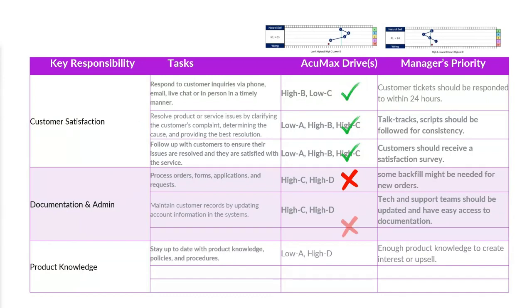Maintaining customer records, tech support. I'm often hearing from the support teams in regards to outdated documentation that hasn't been updated for particular clients, or usage data on the solutions that are being used. So that low D is showing up there as well. And then of course, sure, from a high B perspective, but there's a lot of missed opportunities because questions are being asked and this current CSR doesn't really know how to answer it.